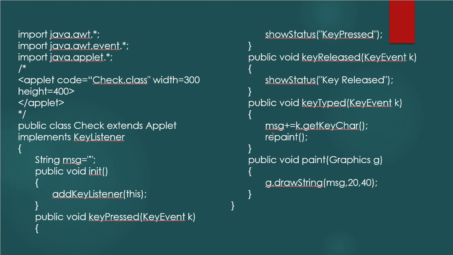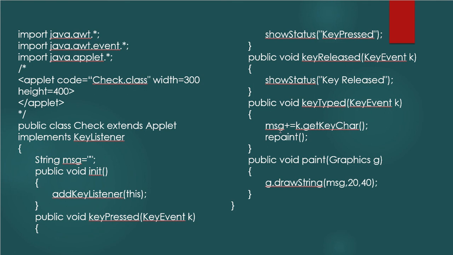Now message becomes H, and you are calling the repaint method without any argument, which means the whole of your window gets repainted. Next, I am going to type for E. Again, status shows as key was pressed. Then when I release my hand, it will say key was released, and the character is read and appended to message, which means message now becomes HE.